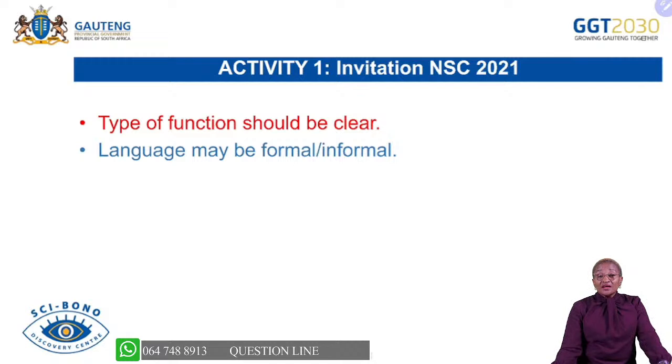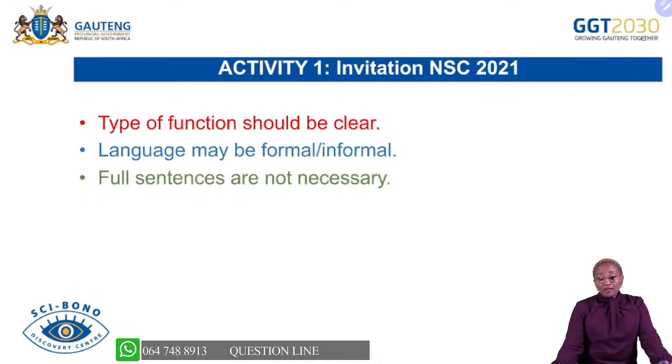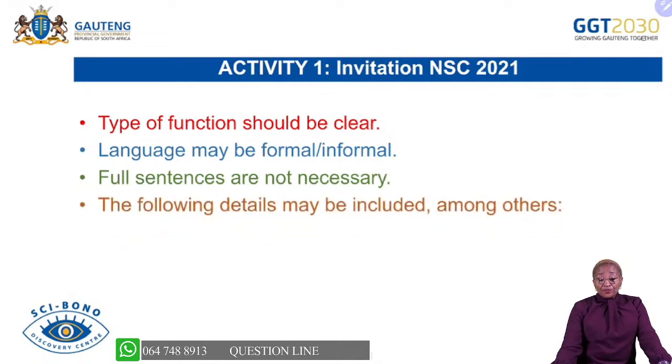Like I said earlier, these are the people that you know. These are not strangers. So the language may be formal or informal. Full sentences are not necessary here. The following details may be included among others, and that is the name of the invitee, the dress code.